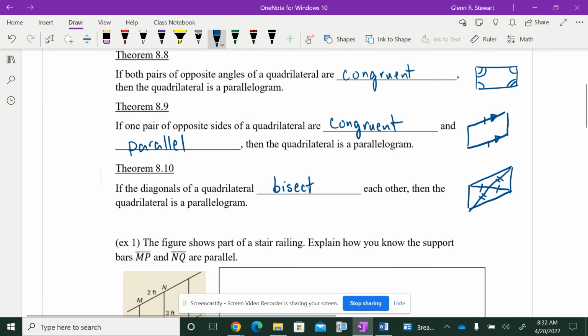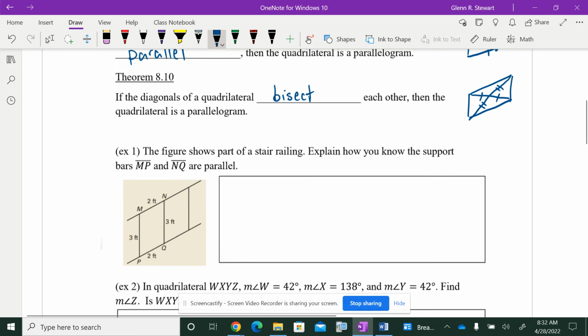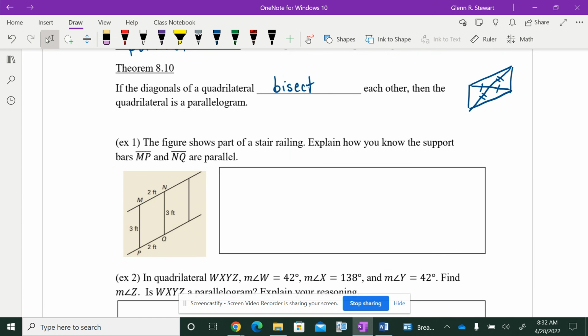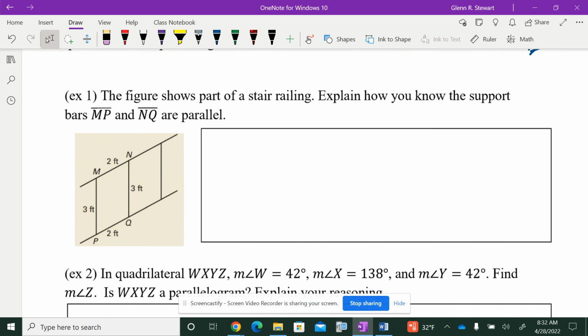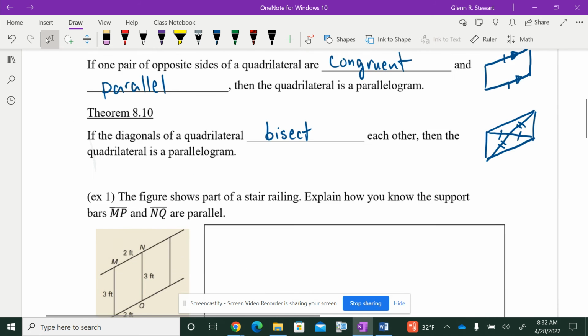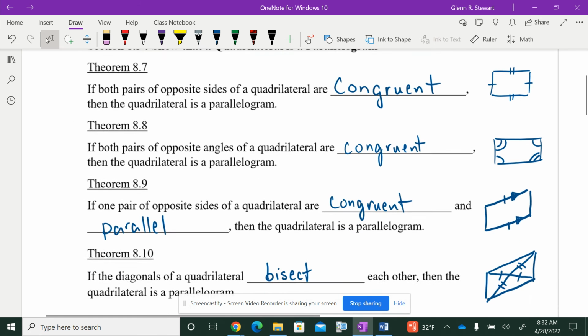So we're going to look at these different figures in examples 1 and 2, and determine supporting knowledge that they are parallel. The figure shows part of a stair rail. Explain how you know the support bars MP and NQ are parallel. What we want to do is look through some of our notes, in particular this first one here.